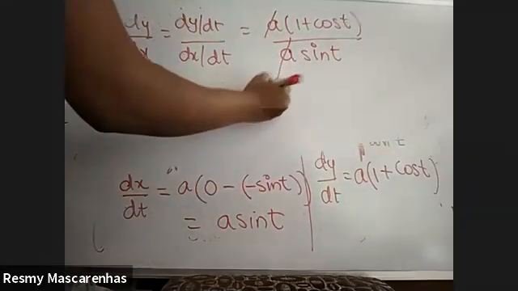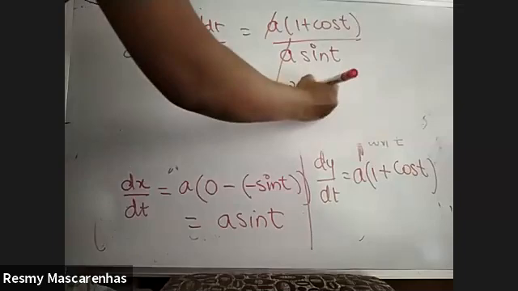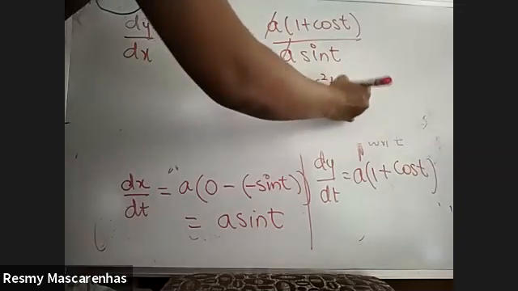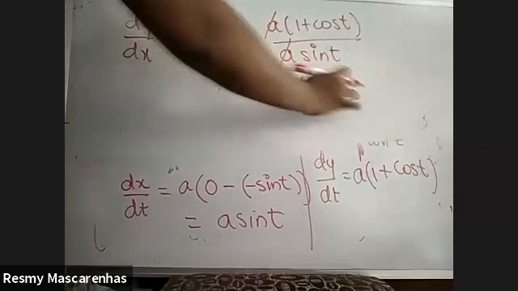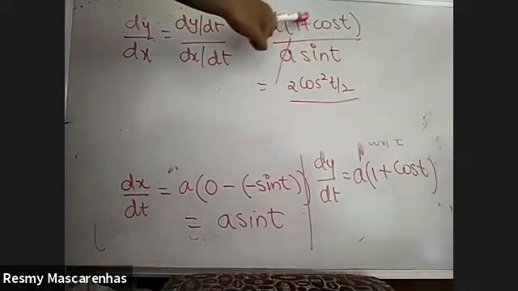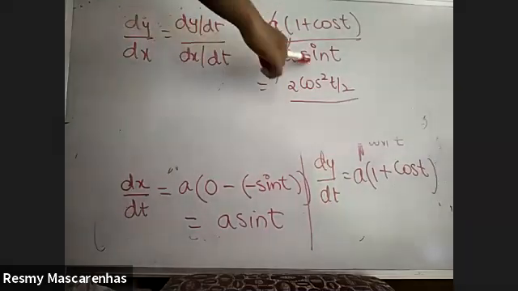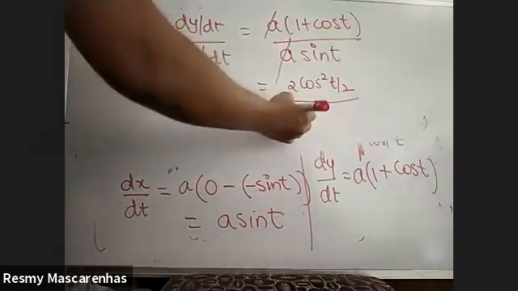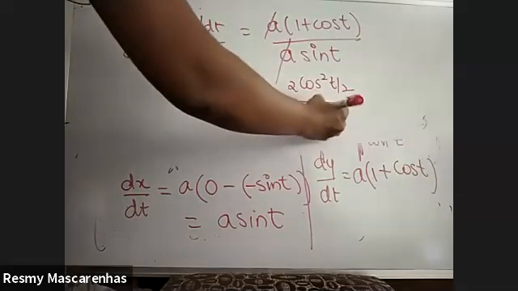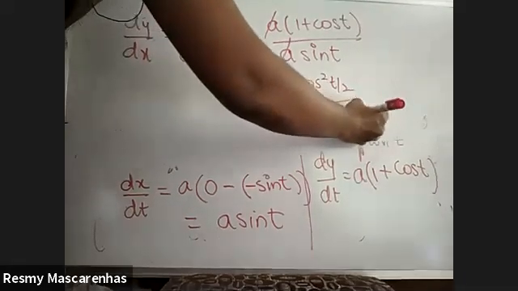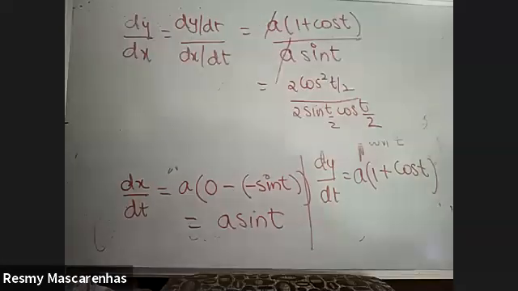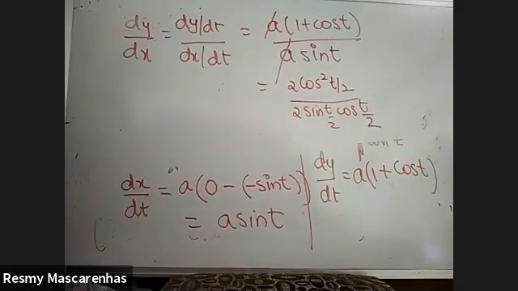So 1 plus cos theta is nothing but the formula 2 cos square theta by 2. Instead of theta it is t. So this is the formula. If this was minus, then it would have been sine square theta by 2. Same way, sine theta is nothing but 2 sine theta by 2 cos theta by 2. So this is the formula, a normal trigonometric formula. See, I told you, you have to keep revising those, because anytime you're expected to know.